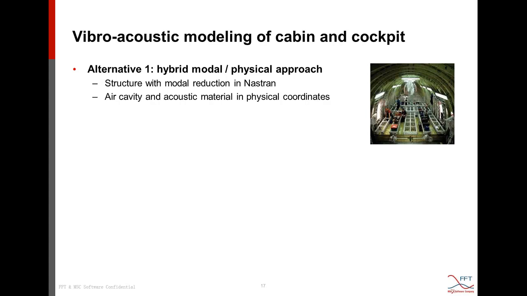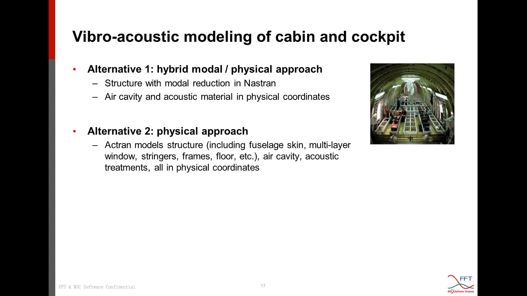We can also run this modal reduction for the air cavity, but the air cavity can also be modeled in a physical approach. And the acoustic material has to be modeled in a physical approach because the absorbing properties of this material depend greatly on frequency, and if there's very important damping in the material, it could not be modeled in a modal approach.